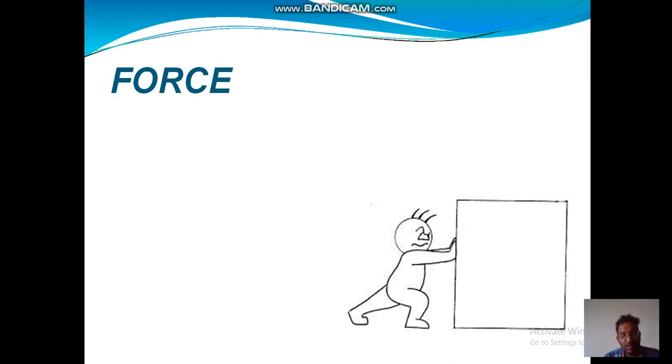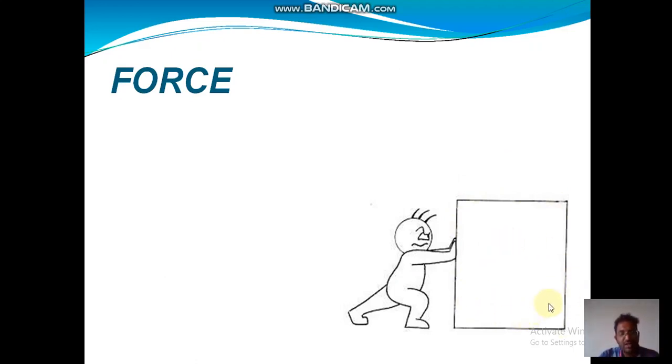Here one person is applying a particular force on an object. If a person is applying force on an object, automatically this object is going to shift to one more place. We are disturbing this body. This particular object is disturbed from its initial position and shifts to one more place.